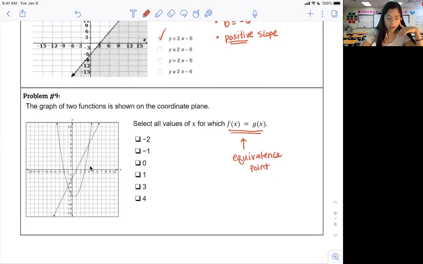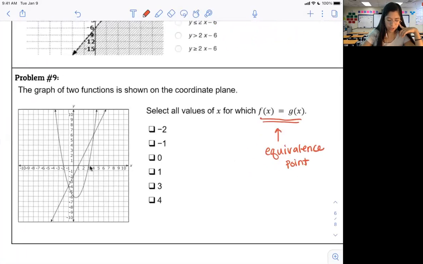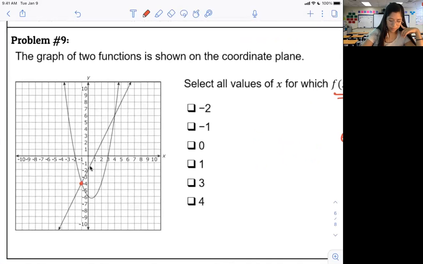So you just go to your graph, you take a look, okay, they're touching down here, and they're touching over here. And once you find those two places, which value do you look at? Do you look at the x value or the y value? Okay, I'm glad we're going over it.